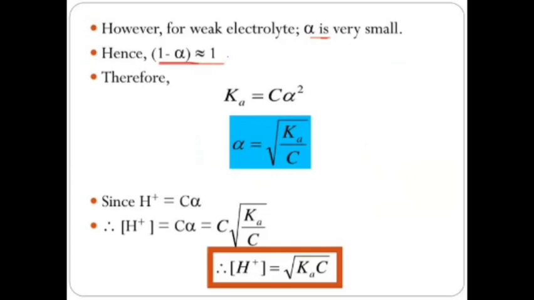Substitute the value 1 in place of 1 minus alpha in the equation. Then K is equal to C alpha square. Finally, writing the equation for the degree of dissociation, alpha is equal to under root K by C.